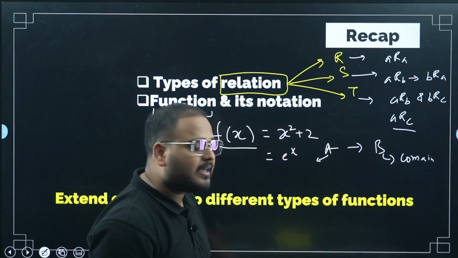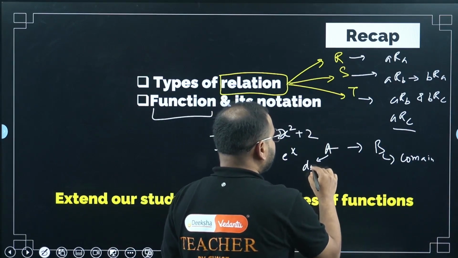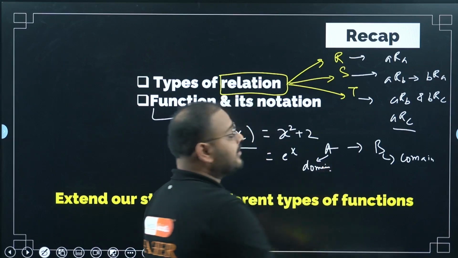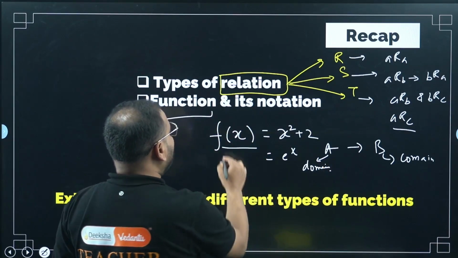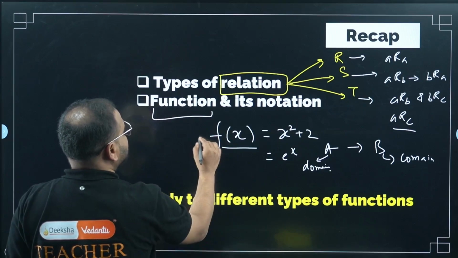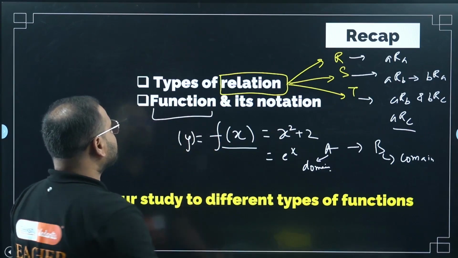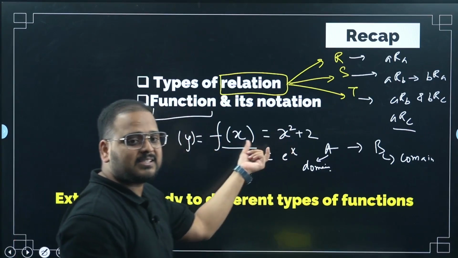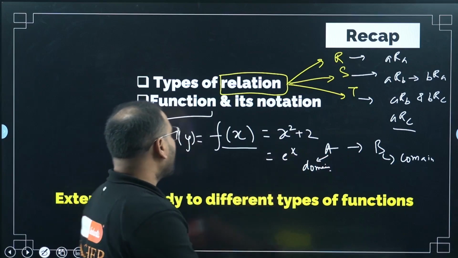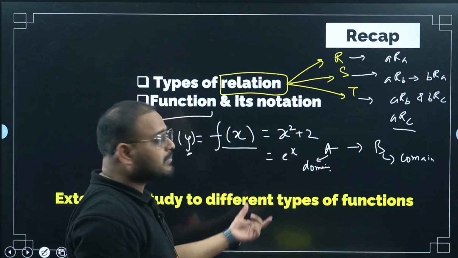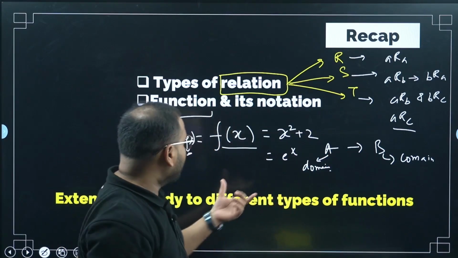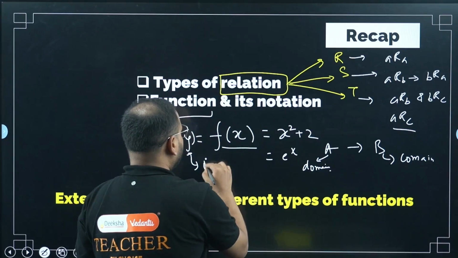A is my domain. What is the range? Range is all those values of y. I can write this function f(x) as just y. All those values of y, when we put in some values of x from the domain, whatever we get for y, that can be my range.